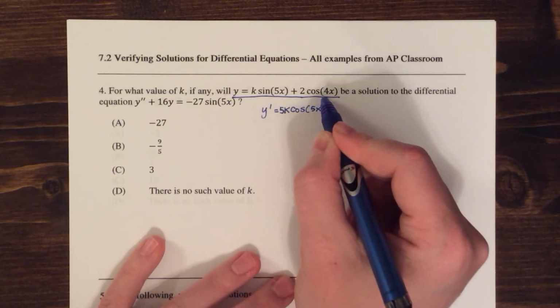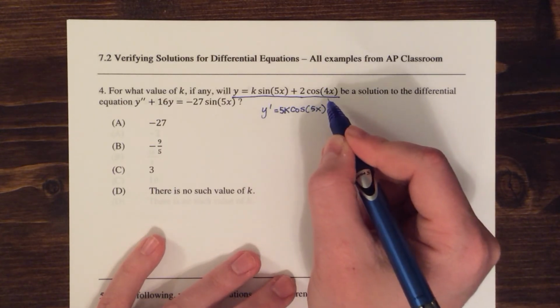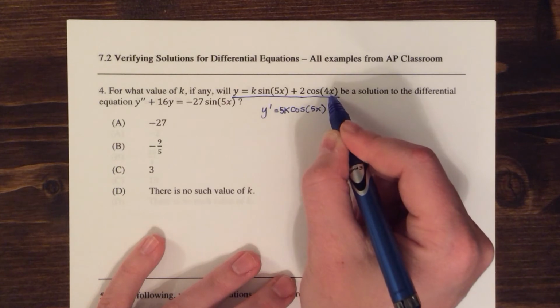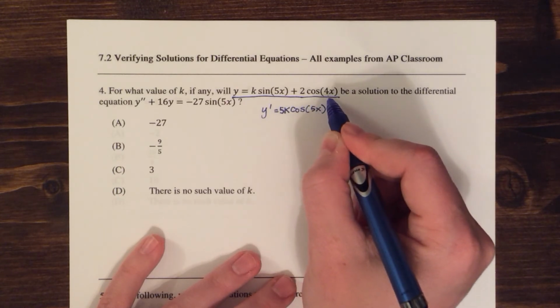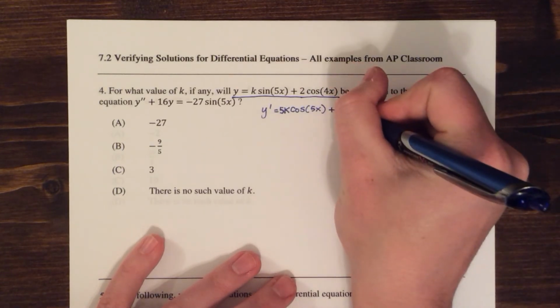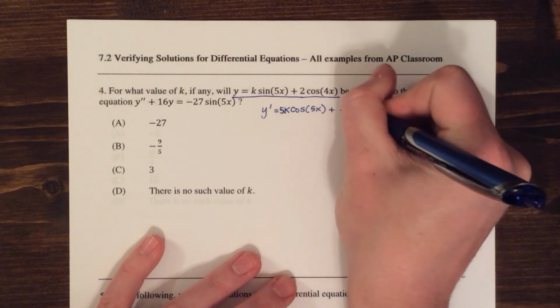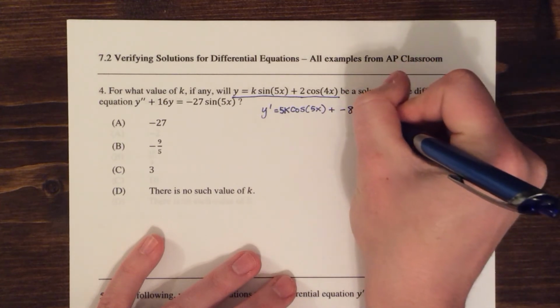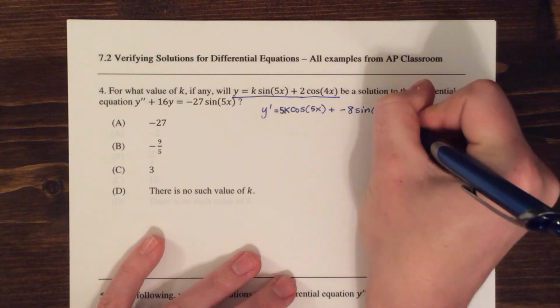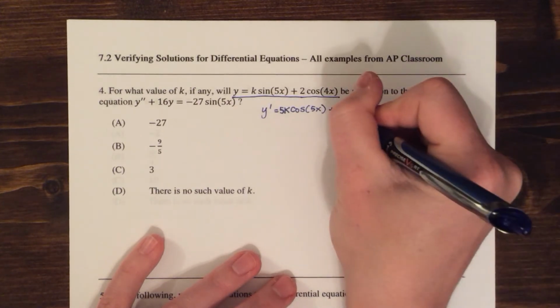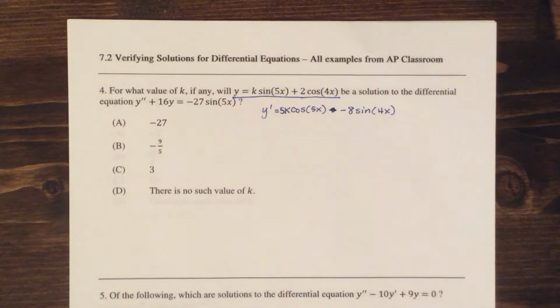The derivative of cosine is going to be negative sine, and then we're going to have to chain rule the 4. So we're going to end up with this negative 4 that's going to get multiplied. So we're going to actually say negative 8 sine 4x.